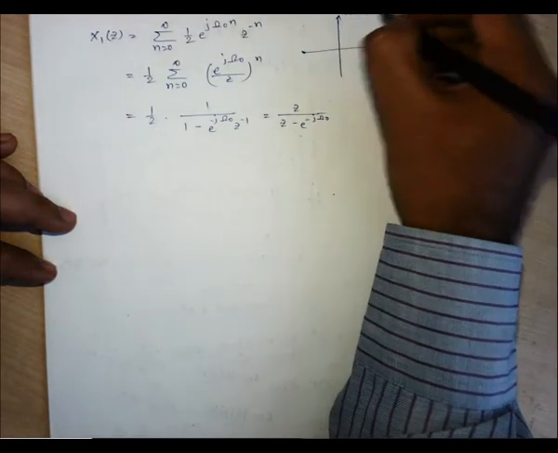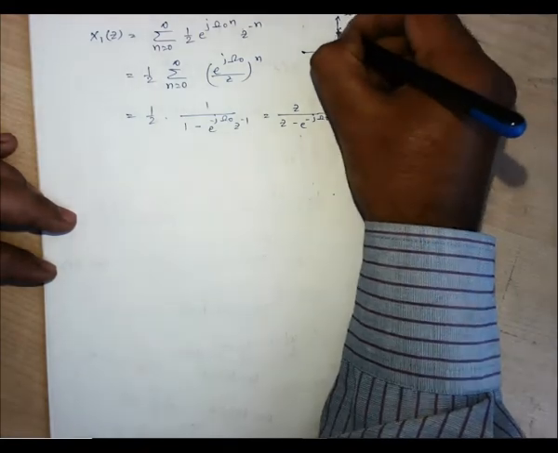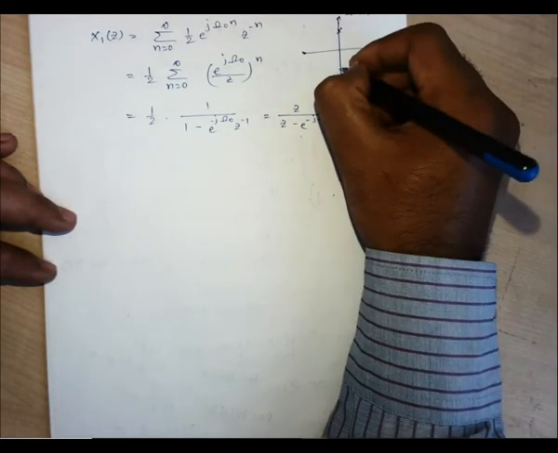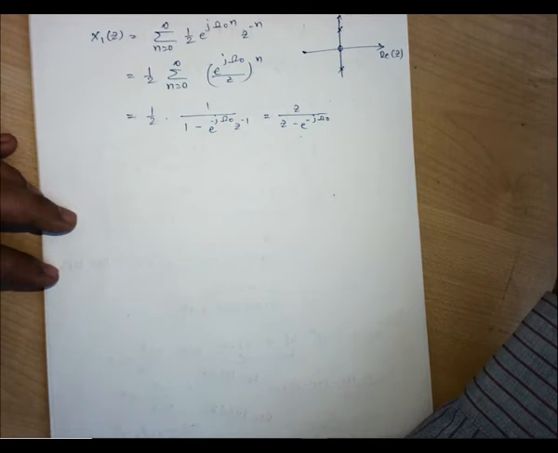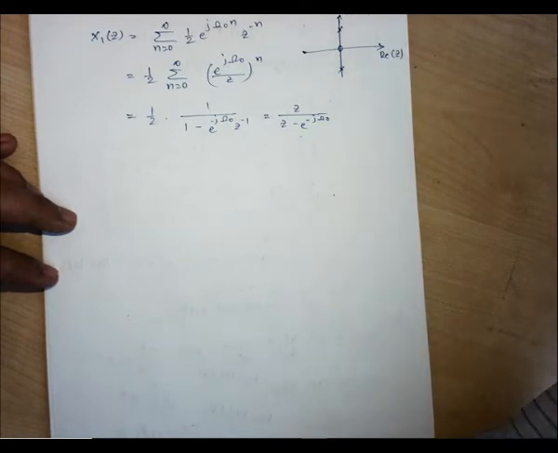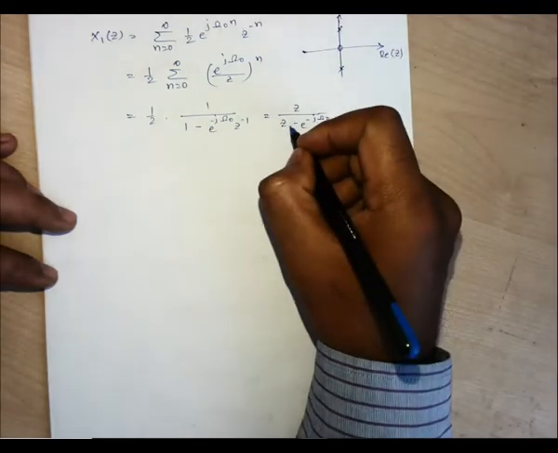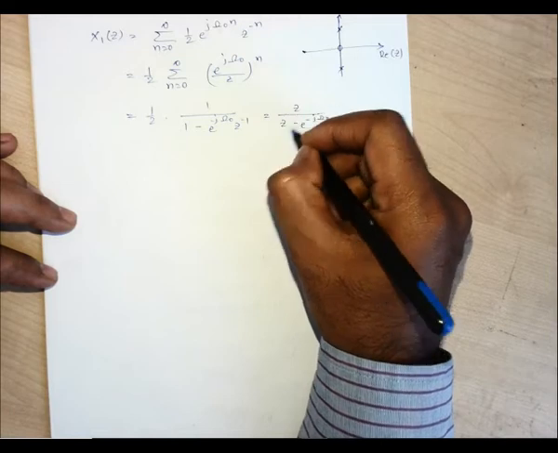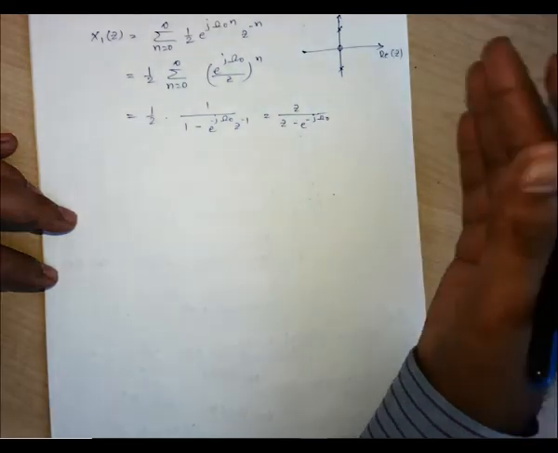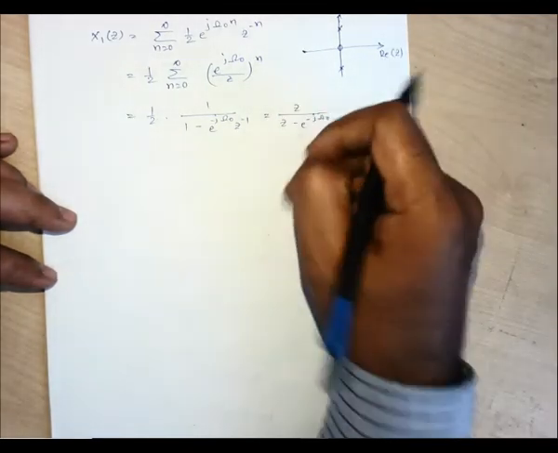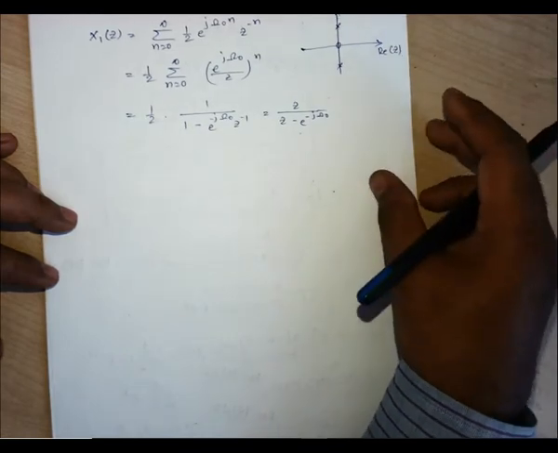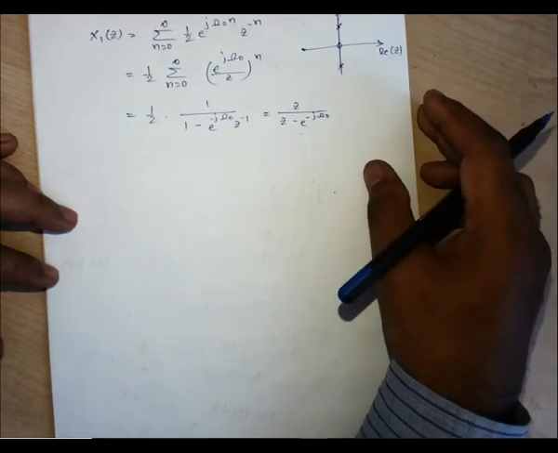So let us consider some value here for the pole, and a zero exists here. So what will be the ROC for this? ROC means for what values of z this X(z) will converge, or for what values it becomes infinite. That is what the ROC says, right?